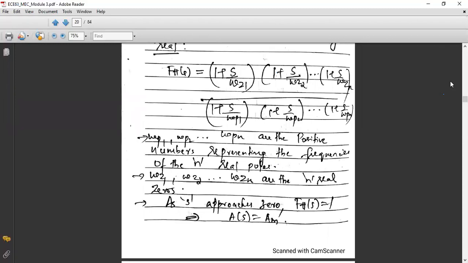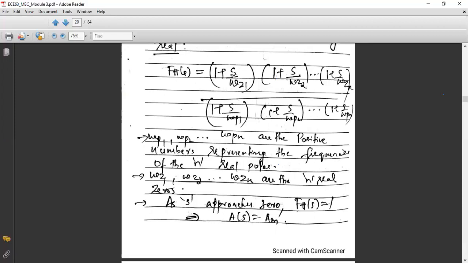All these zeros and poles are positive numbers representing the frequencies of n real poles. So what happens if fh of s is equal to 1? I told you A of s is equal to AM, meaning maximum gain. This condition fh of s equal to 1 will happen only when the frequency is 0. When you substitute s equal to 0, where s is a complex frequency, the terms in the numerator become 1 and the terms in the denominator become 1.